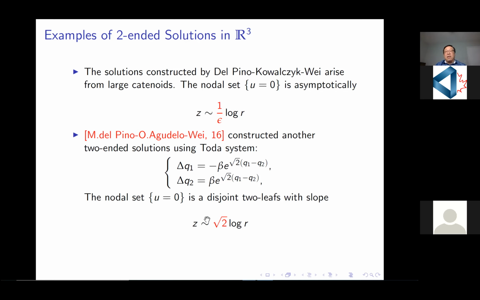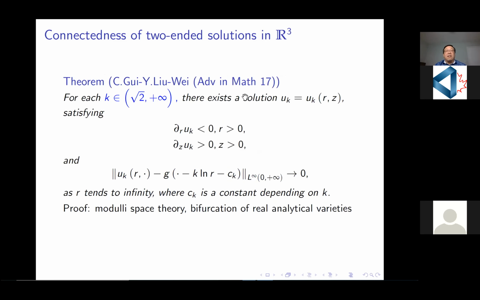So now we have two families of two-ended solutions. A natural question is, do they connect? They should connect: one is like square root of 2, another one is like 1 over epsilon. This was proved with Gui and Yong Liu in 2017.